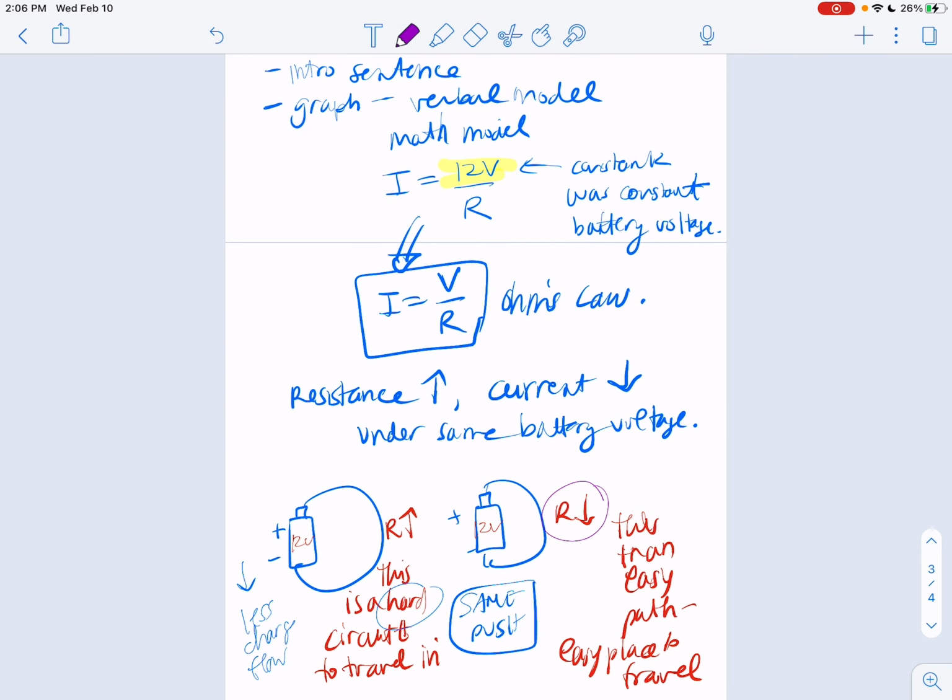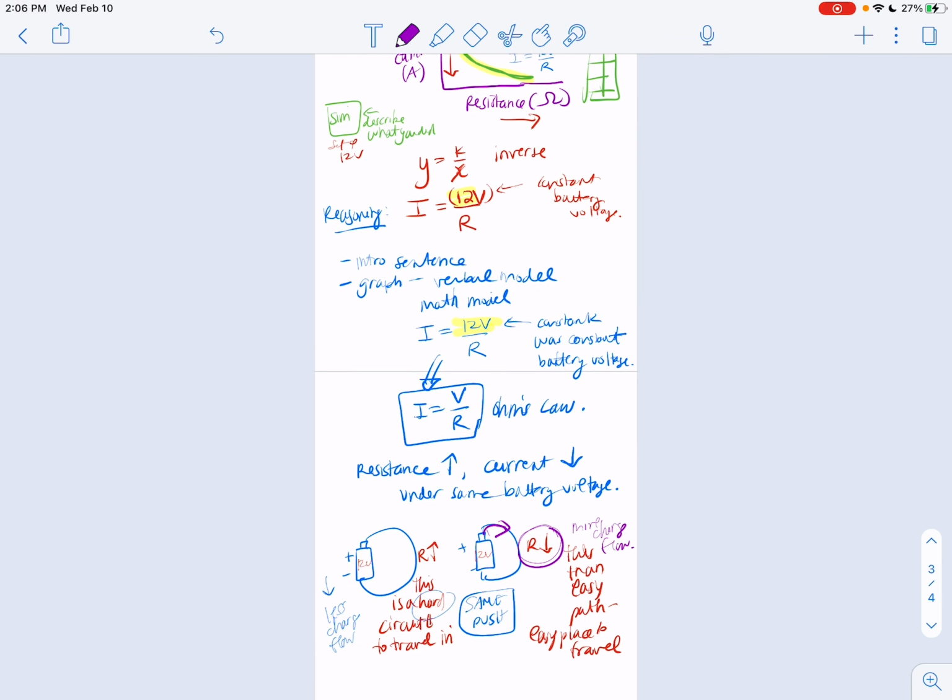As opposed to over here, when the resistance is low, this place is easy. It's easy to get around in this circuit. So when this battery pushes the same as before, but the path is easier, that's going to make more charge flow. That's what I want you to explain in your reasoning.